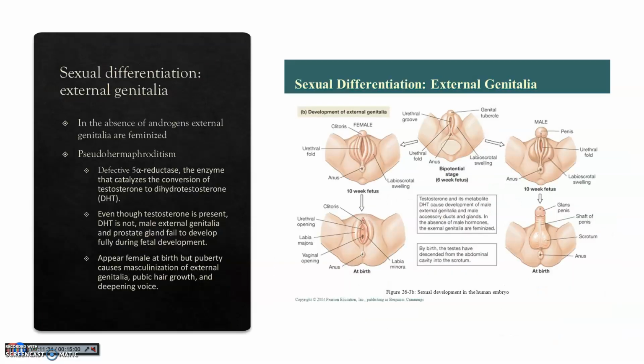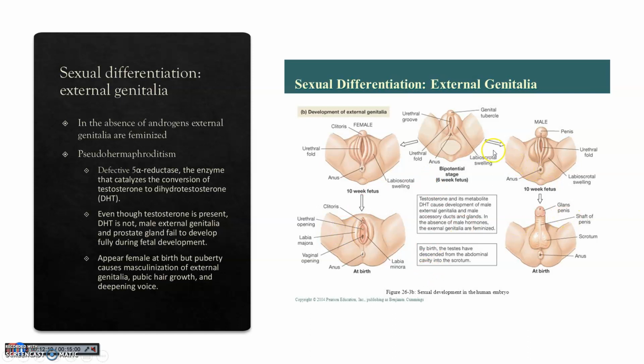Okay, next we're going to talk about the sexual differentiation of the external genitalia. So in the absence of androgens, the external genitalia become feminized, right? So we see here again that we're still at the bipotential stage, at week 6, and testosterone and its metabolite DHT cause development of male external genitalia and male accessory ducts and glands, and in the absence of male hormones, the external genitalia become feminized.